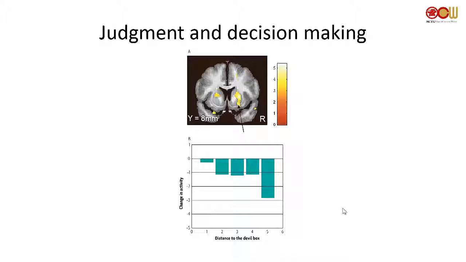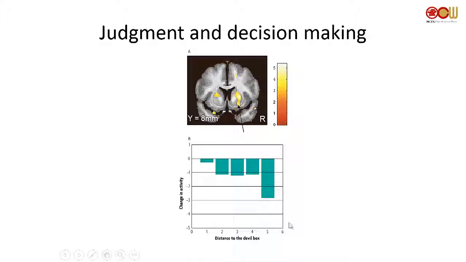And those research subjects were playing this game inside of a functional MRI machine. So they were playing the game, and also their brains were being scanned. And this is the scanning result. The horizontal axis here denotes the distance to the devil box.